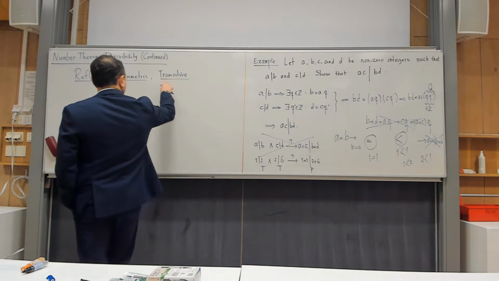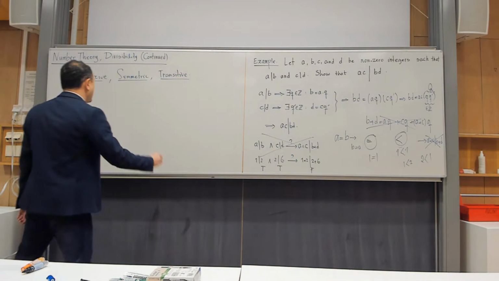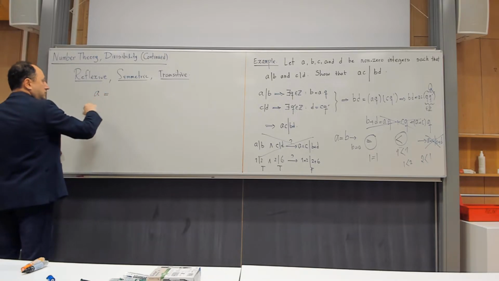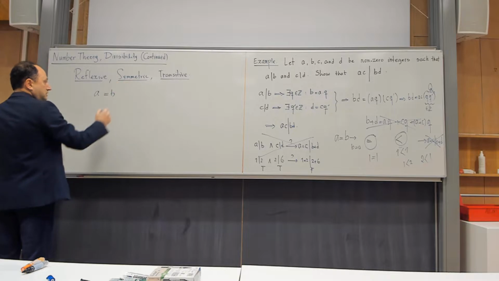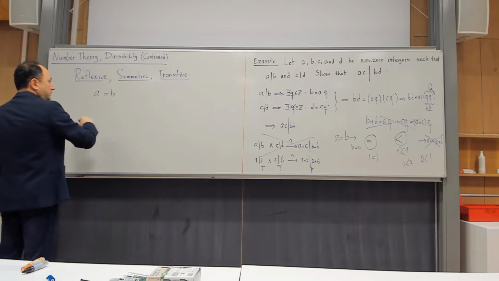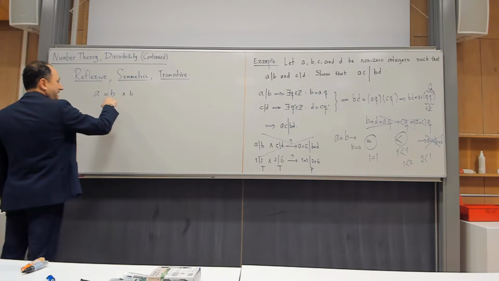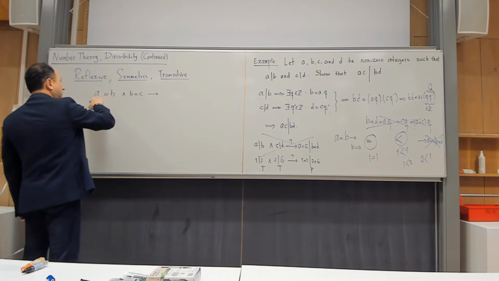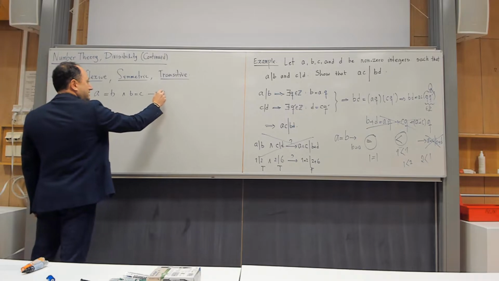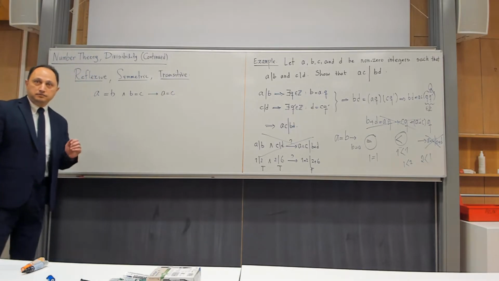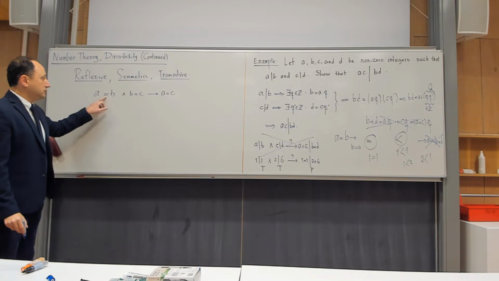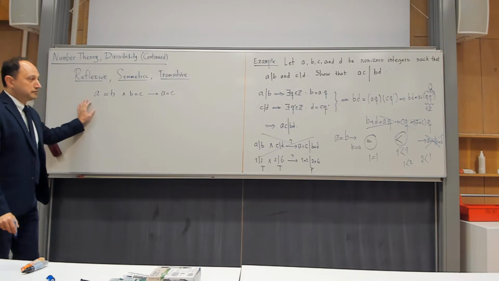But what is the meaning of transitive? Transitive means that if I have A in relation, let me use equality here. This is one of the relations. If A is in relation with B and B itself is in relation with another number, can I conclude the first one and the third one have the same relation? Yes. So that is true. So this means that equality relation is transitive.